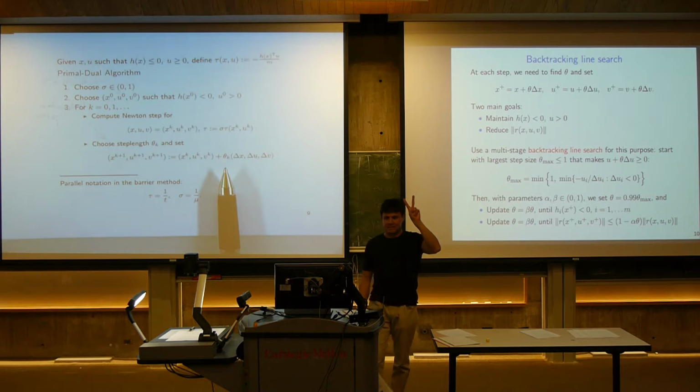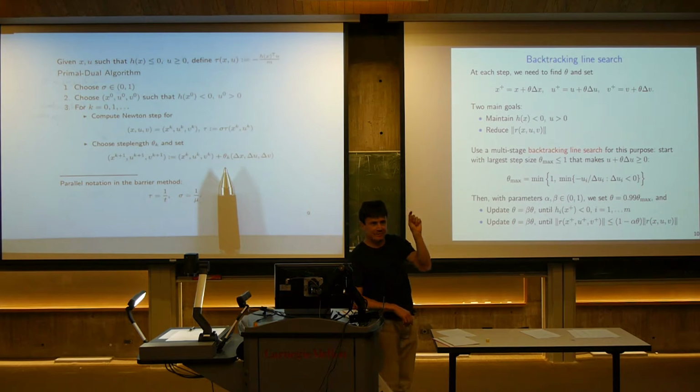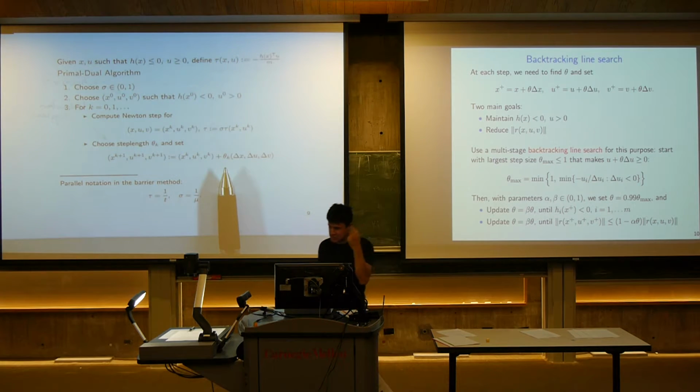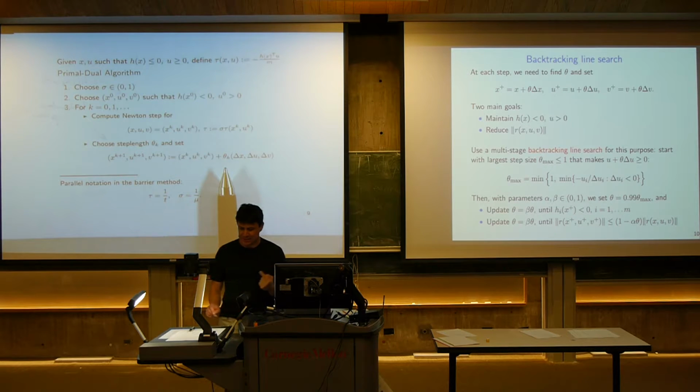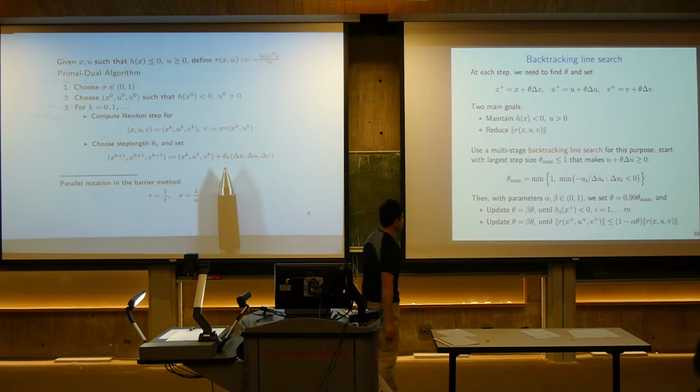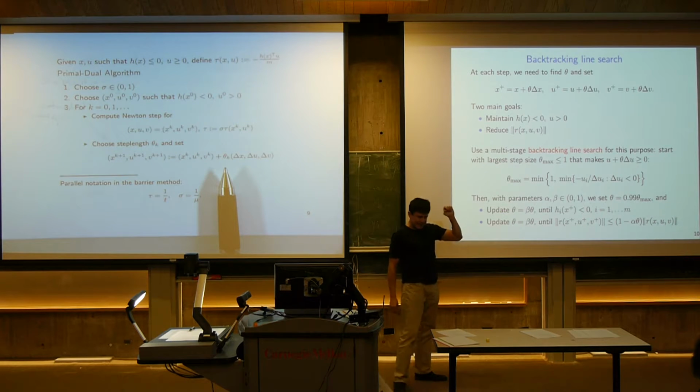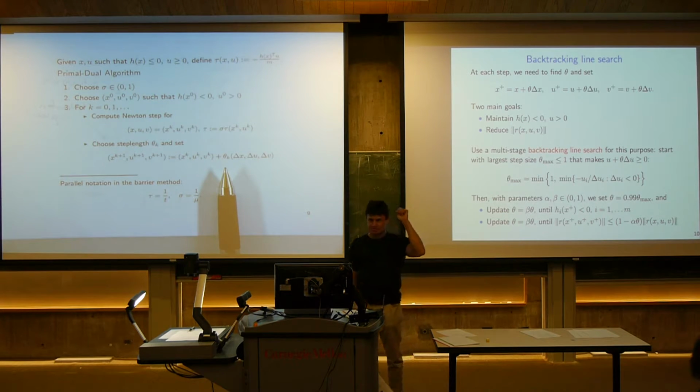There are two important things about how we choose theta. First of all, the one thing that we always maintain throughout all the iterations is that h of x should be negative and u should be positive.